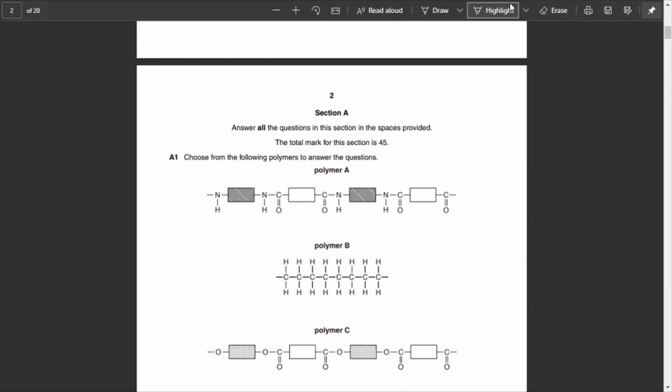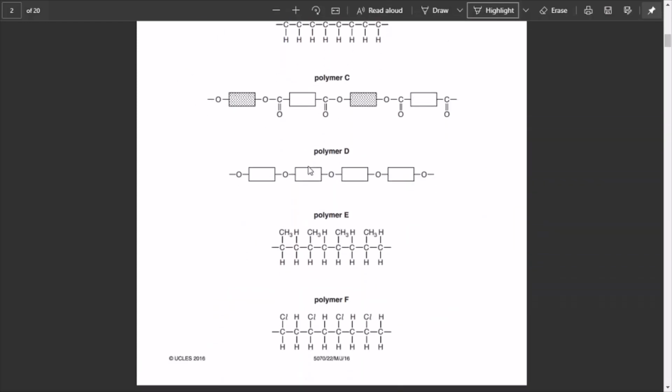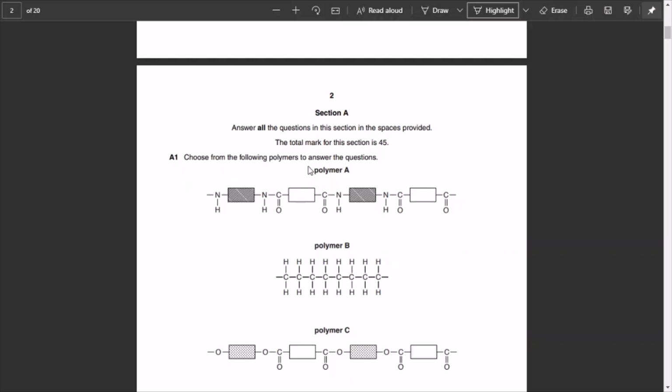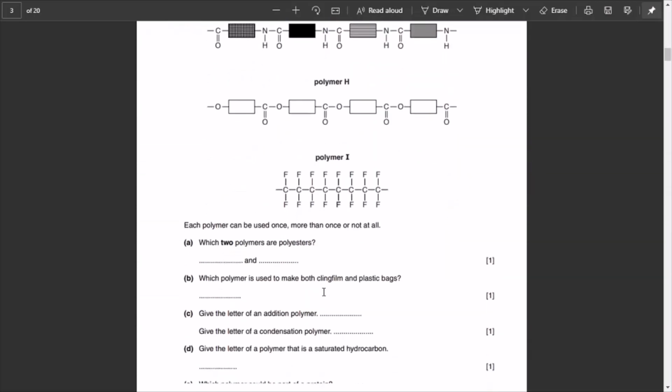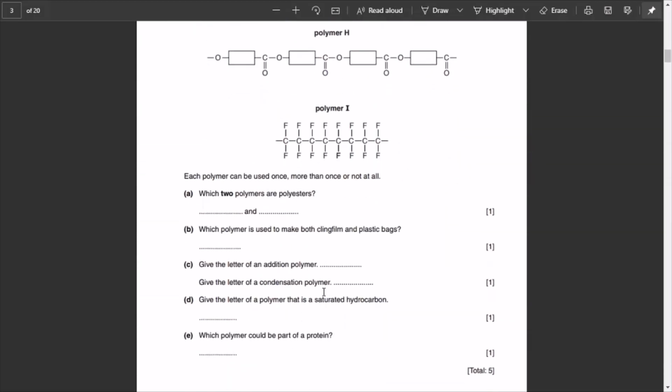Choose from the following polymers to answer the question. This is section A and it is of 45 marks. There are so many polymers that we have, and they have all different types of bonds. Some have amine bonds, some have... Alright, let's get to the question part. Each polymer can be used once, more than once, or not at all.